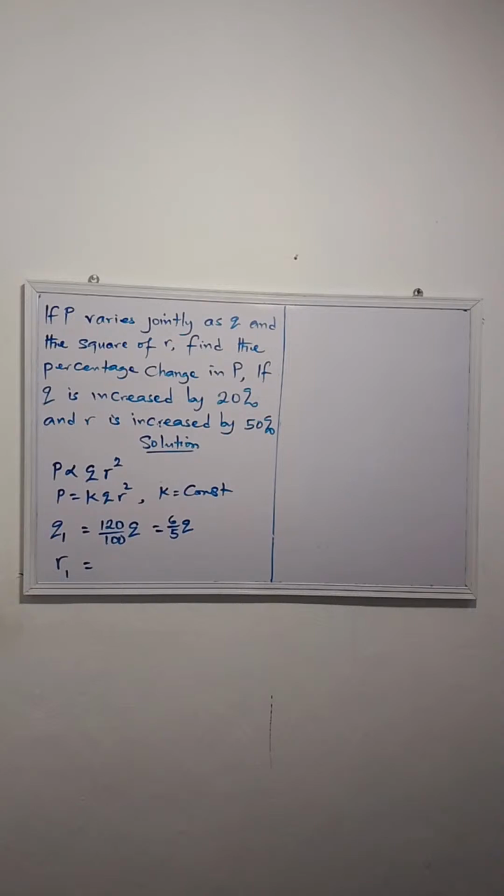So now, the simplified version of R1. What's going to be the simplified version of R1? Okay, I can see Golan with a result: 9 over 4R squared. Another one: the result is 150 over 100.